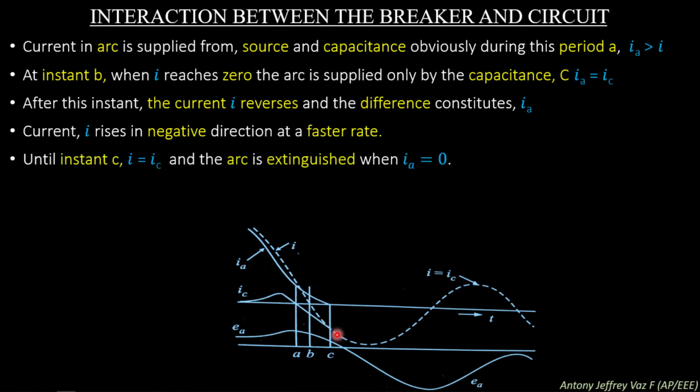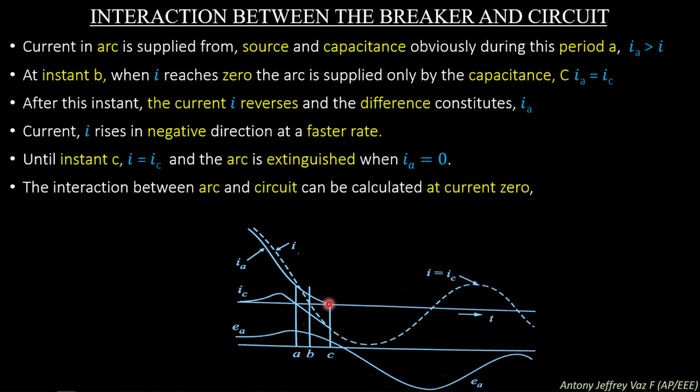Until instant C, I is equal to IC. You can see from point B to point C the current in the transient response and the current produced by the alternator are both equal, and the arc current IA is 0 at this point C. The interaction between arc and circuit can be calculated at current 0.